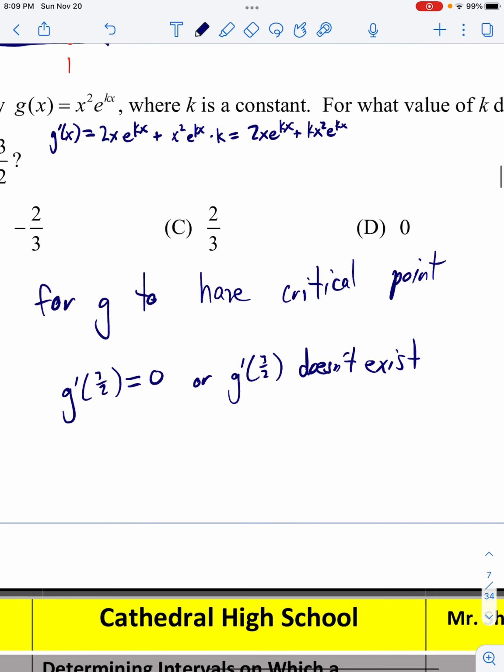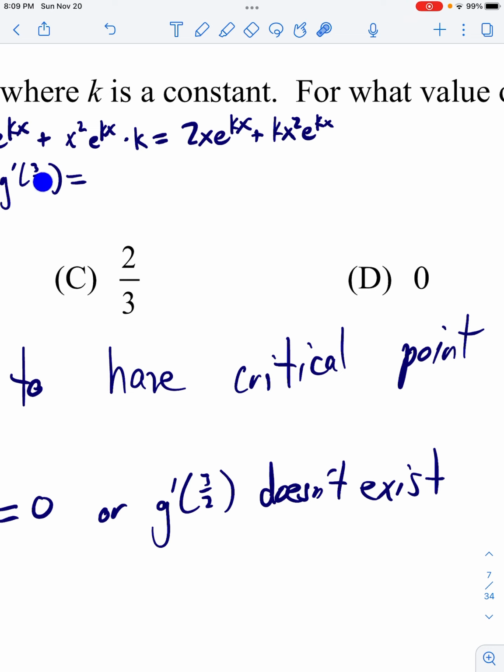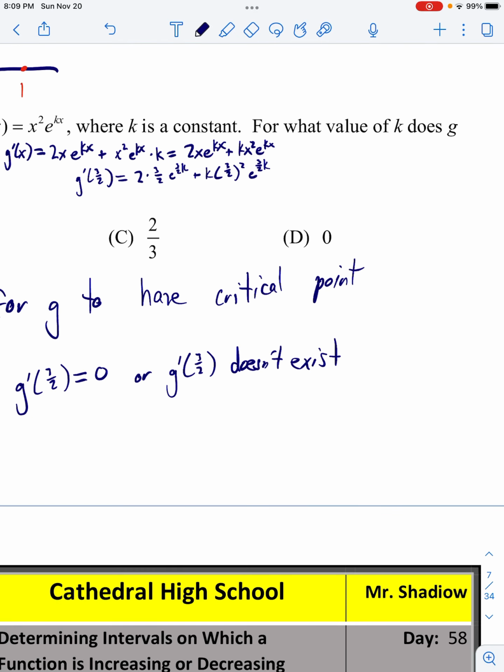What do we want to do? So we want to have g prime of 3/2, which is going to be just plug in 3/2 wherever there's an x. So 2 times 3/2 times e to the 3/2 k plus k times 3/2 squared times e to the 3/2 k. Okay. What we want is for this to equal 0 or be undefined.